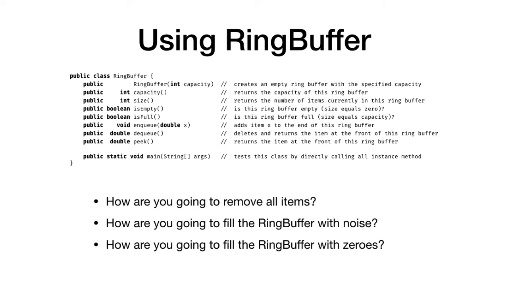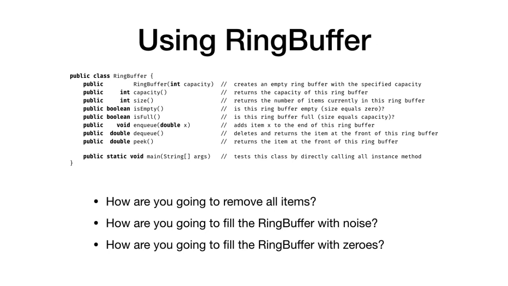In the first part, we created RingBuffer, and now we're looking at its interface, its API, just the methods, to understand how we're going to use it. In this part, we don't care how RingBuffer works, we just care about how to use it. Ask yourself, what operations would you use to remove all of the items? How would you organize that?